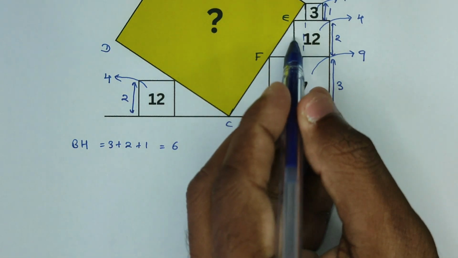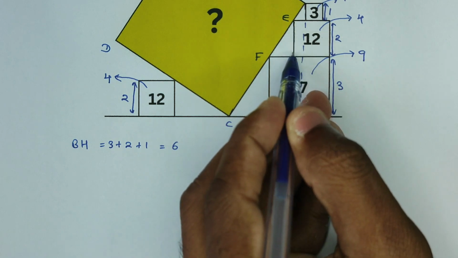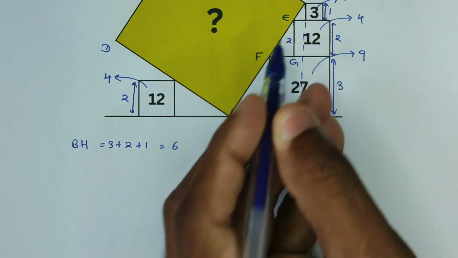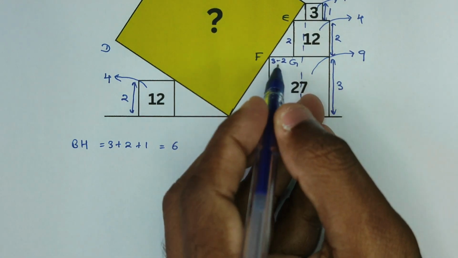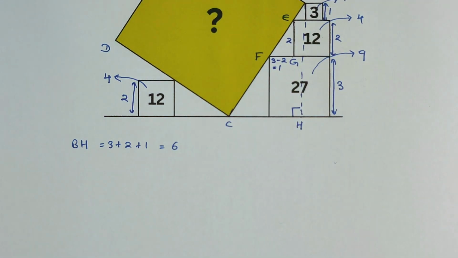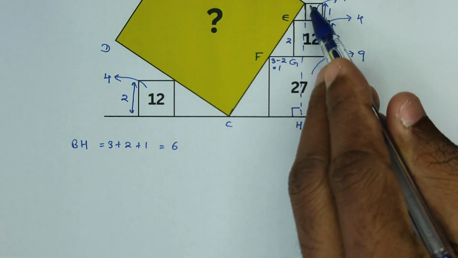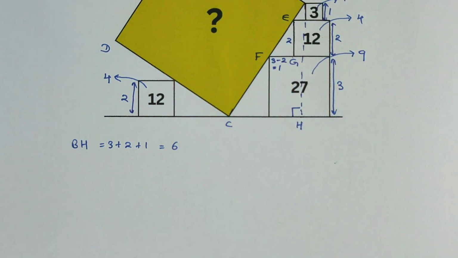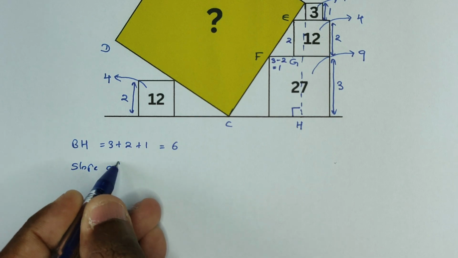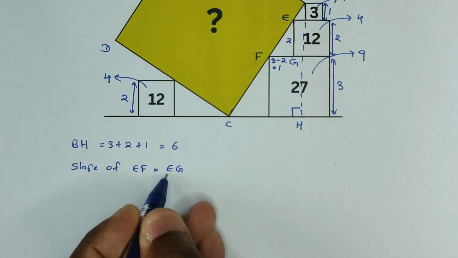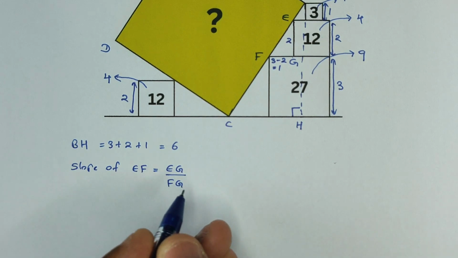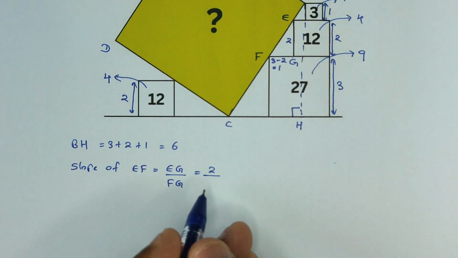Now, how can we find the length HC? If you look carefully, you will see we know this length, which is 2 units, and we know this length 3 minus 2, which equals to 1 unit. Also we can see the EF and BC has the same slope. The slope of EF equal EG by FG, which equals 2 by 1 is 2.